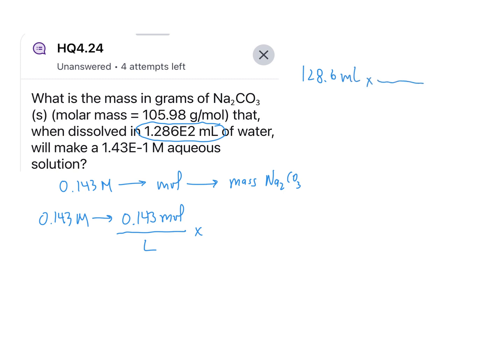I need that in liters. So again, we're going to divide by 1,000 milliliters to get our solution is 0.1286 liters. So I can use that, 0.1286 liters, right? Liters cancel out. And now I've got moles of sodium carbonate in solution.